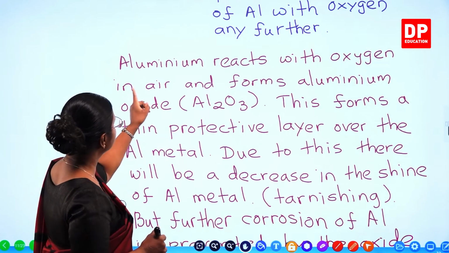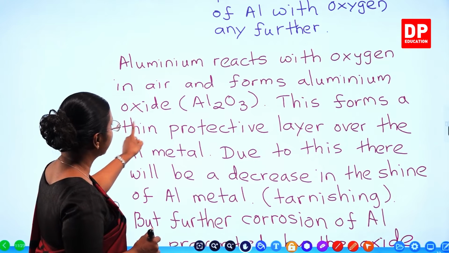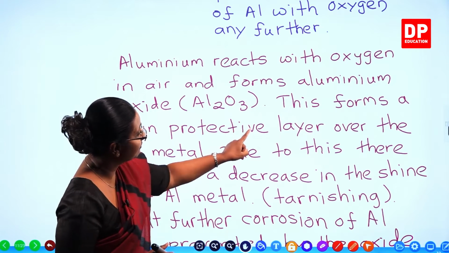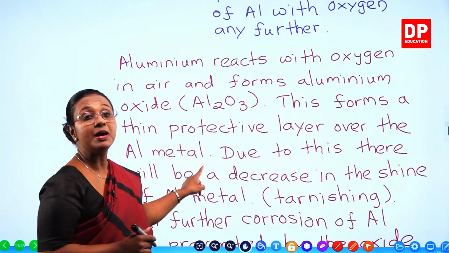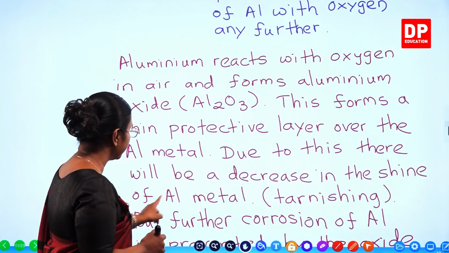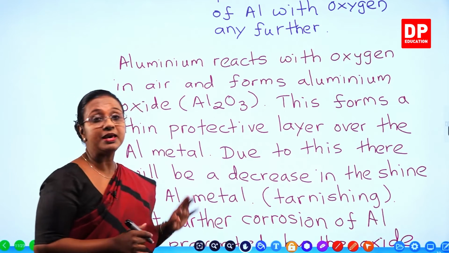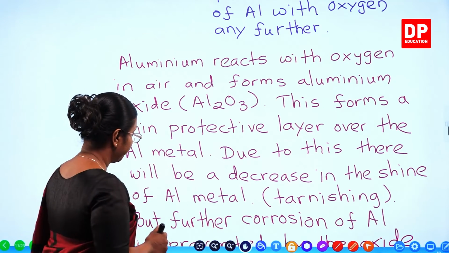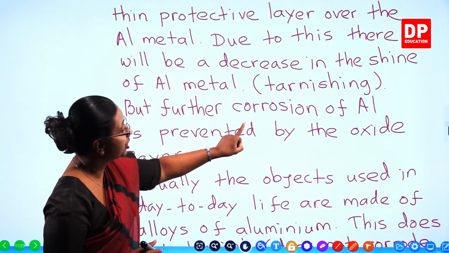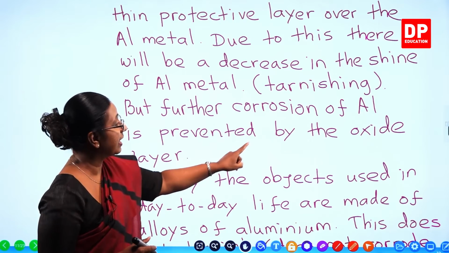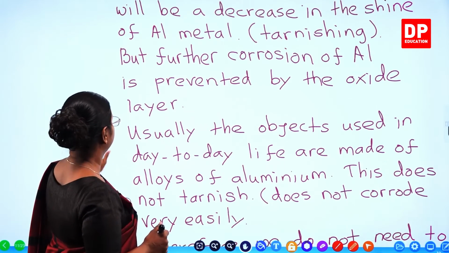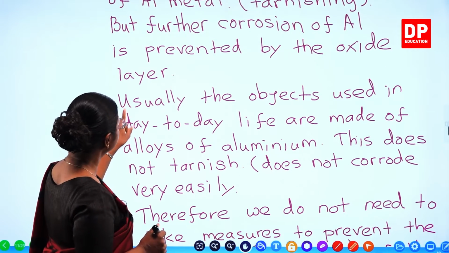Aluminium reacts with oxygen in air and forms aluminium oxide, that is Al2O3. This forms a thin protective layer over the aluminium metal. Due to this, there will be a decrease in the shine of aluminium metal. So, there will be a certain amount of tarnishing. But further corrosion of aluminium is prevented by the oxide layer. That is one. Then the other thing, this is again for your knowledge, students.